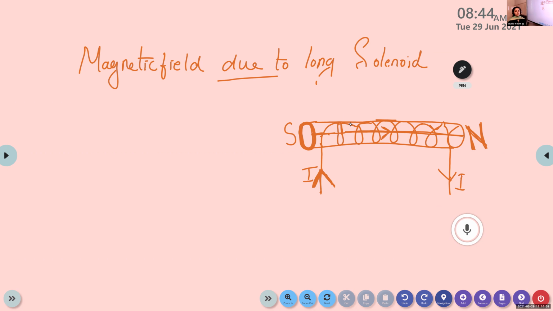For that, we need an amperian loop or closed surface. Just like the Gaussian surface, here we use the term amperian loop.